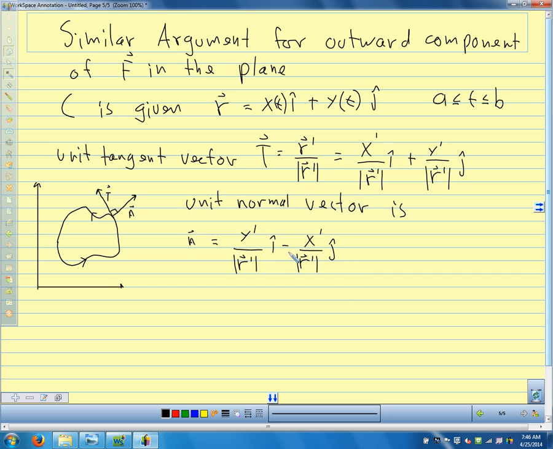So we need to change the sign on the y component. If you need to draw some vectors and convince yourself that this is the right way to switch our signs, you can do that. But this is going to give us our outward unit normal vectors. And we want our unit normal outward.